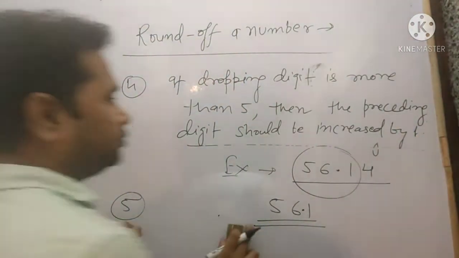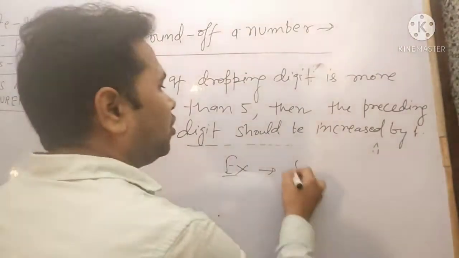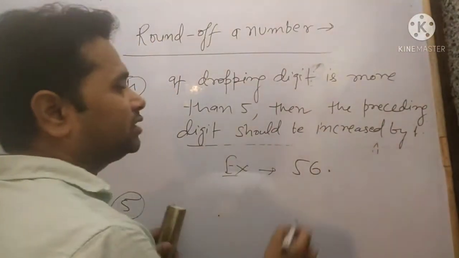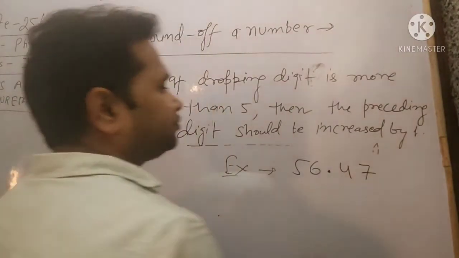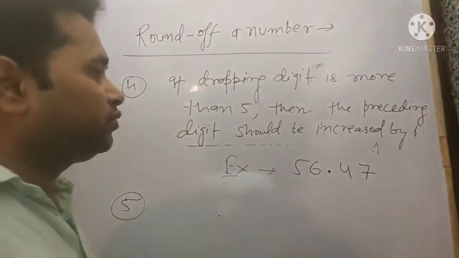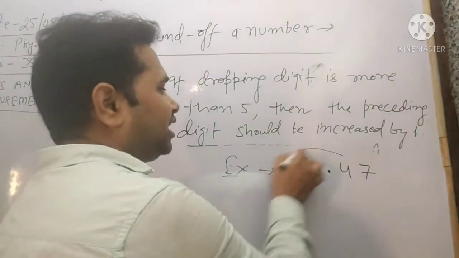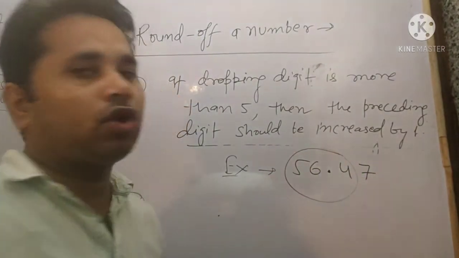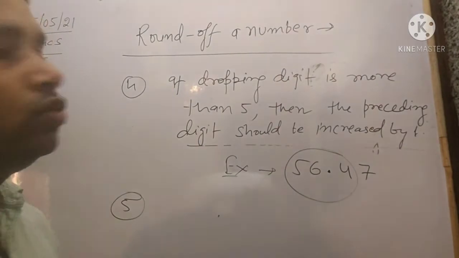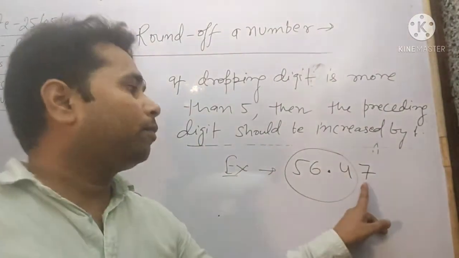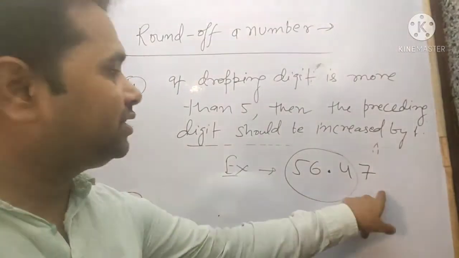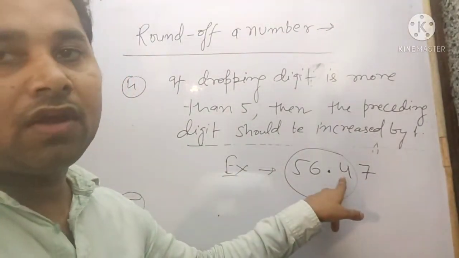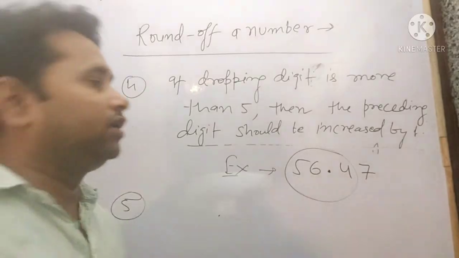See the example now. If now our product, your result is 56.47, and suppose we have to report the answer in 3 significant figures, means we have to drop the 7 now. So rule says that if the dropping digit is more than 5, then the preceding means just before the 7, we have to increase it by 1.